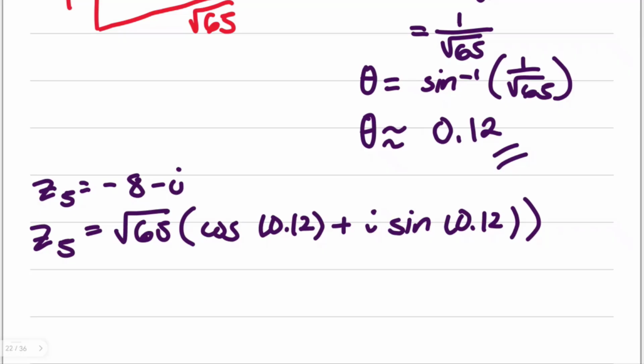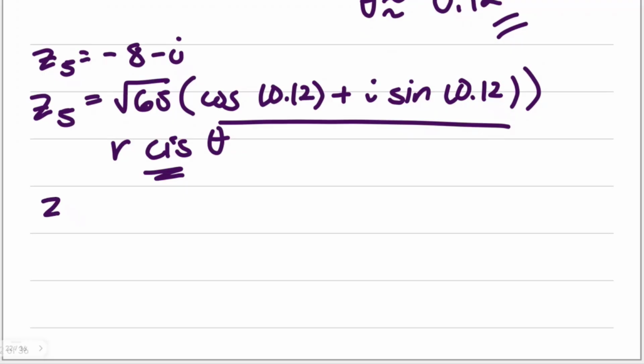This is its form. If we're going to make it even shorter, you can have the square root of 65 cis, and then theta in radian measurement, which is 0.12.